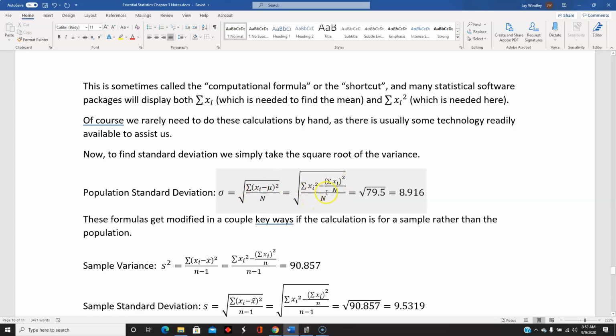And now this is the same formula we had before for variance wrapped up in a square root sign. And this is the secondary formula for variance that I was just demonstrating wrapped up in a square root sign. So the bottom line is the square root of the variance gives you the standard deviation sigma, which in this case is 8.916.